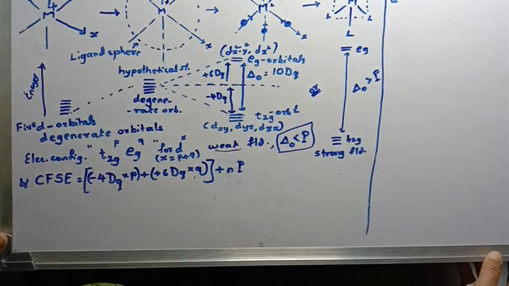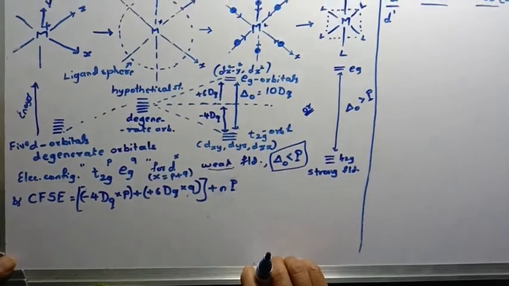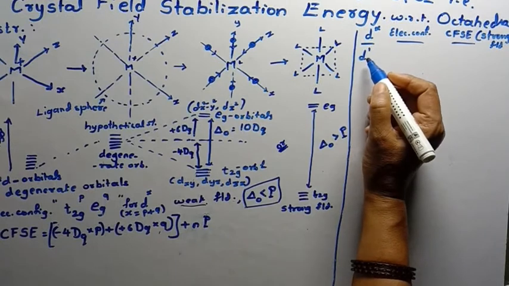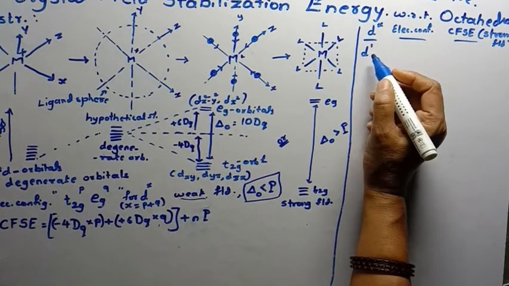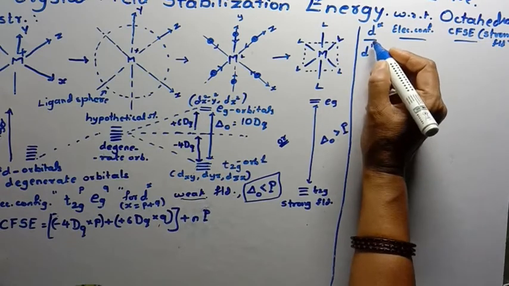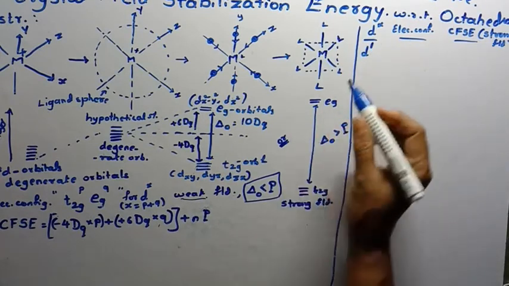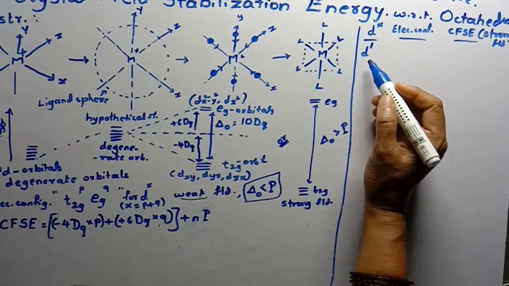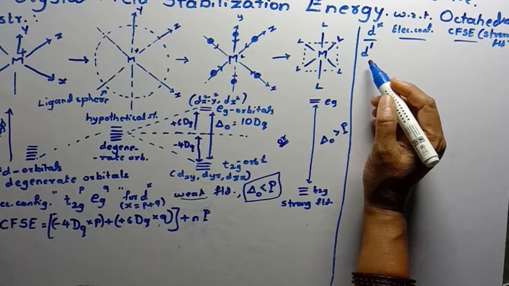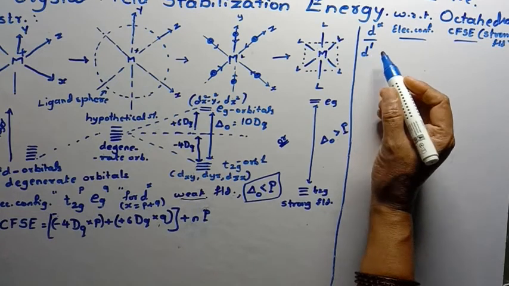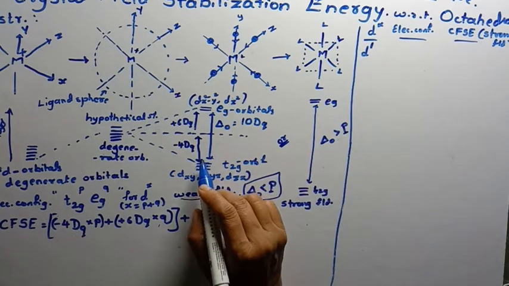Now imagine there is only one electron in the d orbital of the central metal ion. According to the Aufbau principle, the electron always prefers to occupy the lower energy level first. So it occupies the lower energy orbital.